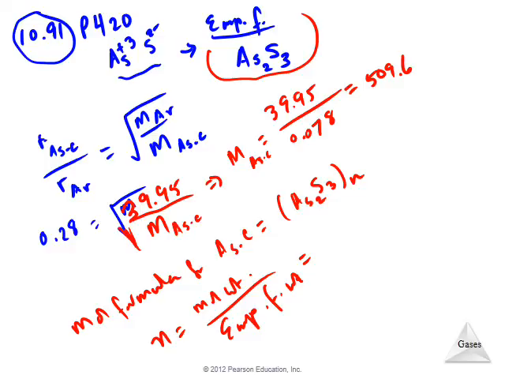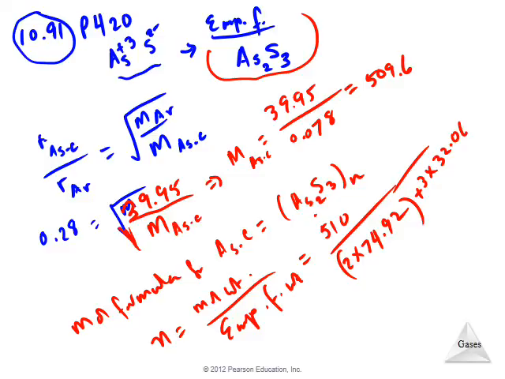So the molecular weight is 510 and the formula weight would be 2 times arsenic. So 2 times the arsenic value, 74.92, that's the arsenic value, plus 3 times the value of sulfur, which is 32.06.